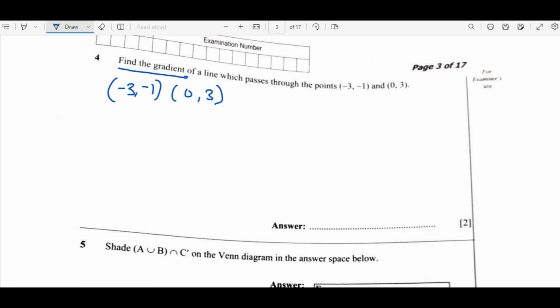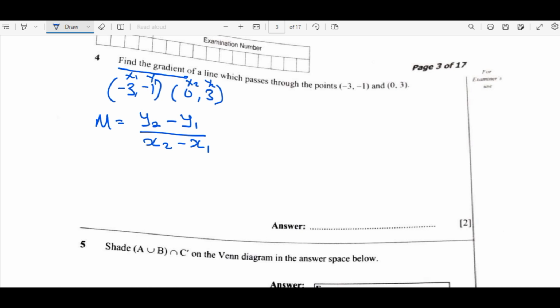We know that the formula for the gradient is equal to y2 minus y1 over x2 minus x1. This formula you have to know by heart. So this is x1, and y1, and then we have x2 and y2 there.